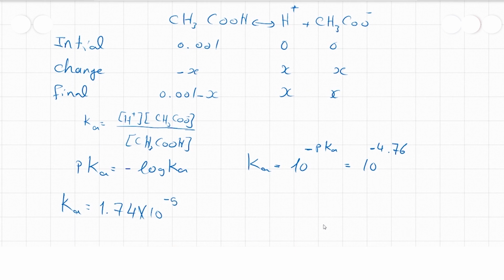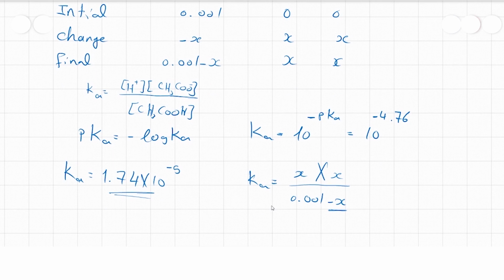The Ka is equal to the final concentration of hydrogen ions, which is x, multiplied by the final concentration of the acetate ions, which is equal to x, divided by the final concentration of the acetic acid, which is equal to 0.001 minus x. Because I have a very small Ka value, I will ignore the minus x.